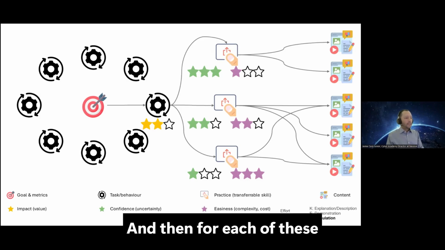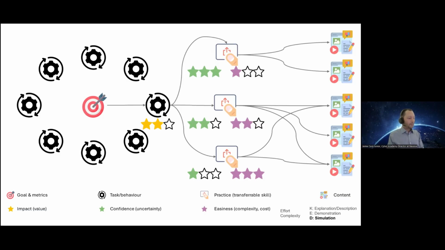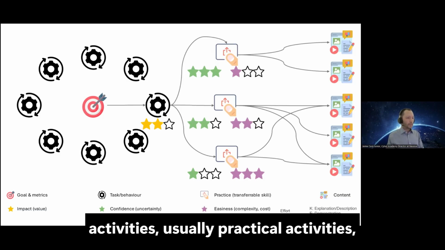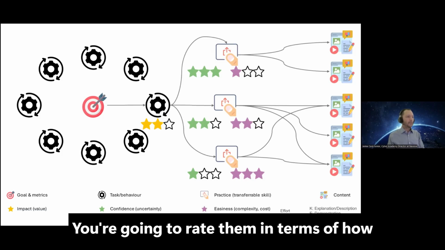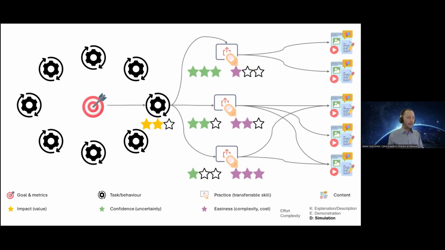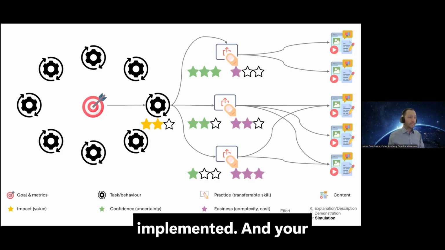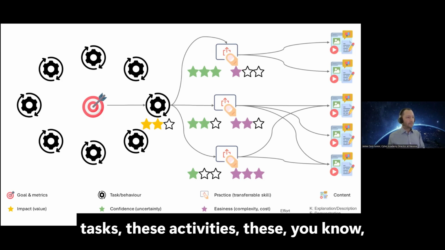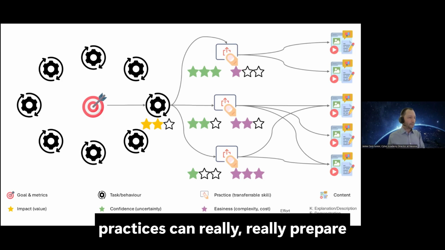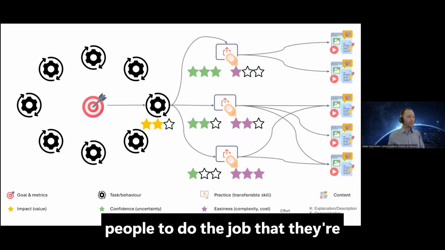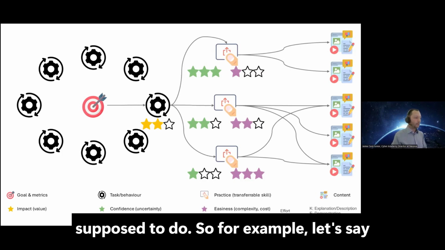And then for each of these tasks, you brainstorm activities, usually practical activities, and you're going to do the same. You're going to rate them in terms of how easy or how complex they are to be created and implemented, and your confidence that these activities, these practices can really prepare people to do the job that they are supposed to do.